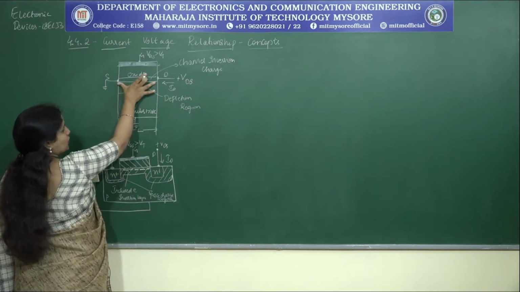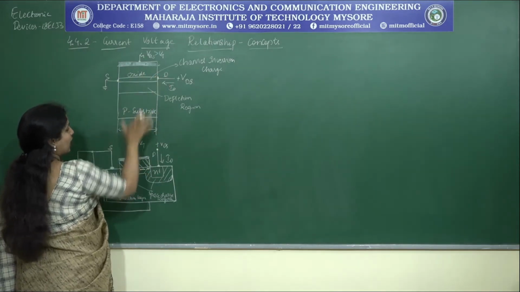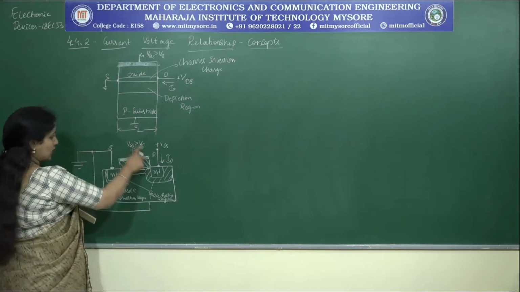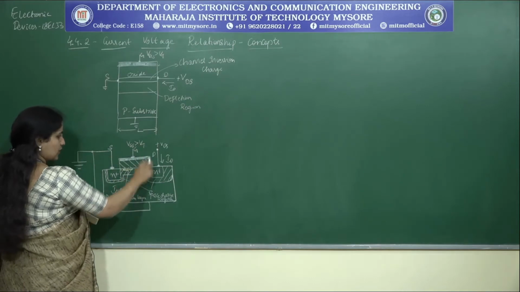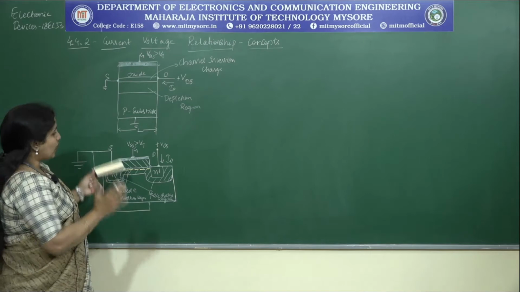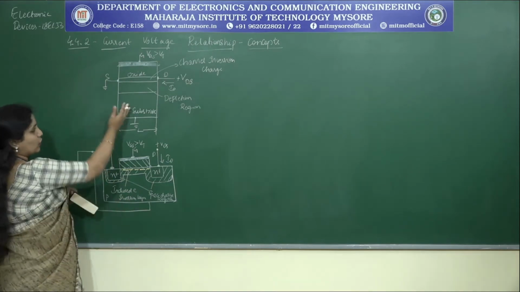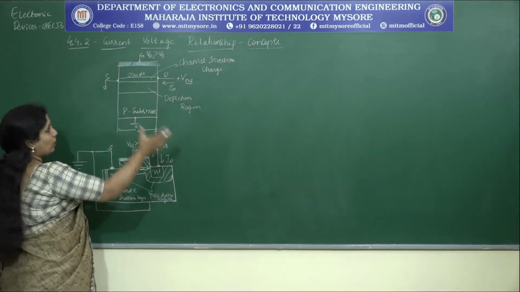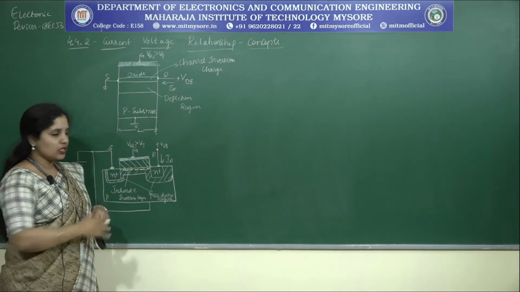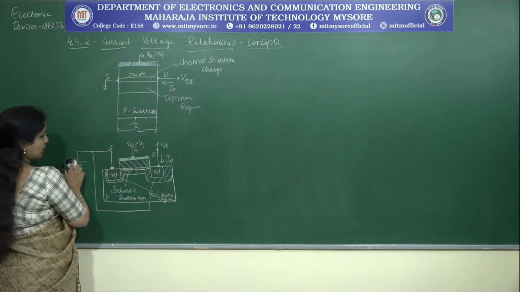This is the channel which is being formed between the source and the drain. So let me consider that length to be L. So this portion is what I have represented here. I hope all of you can relate this with that. So from now onwards, we'll be considering this particular portion and try to represent different cases. I'll just erase this.